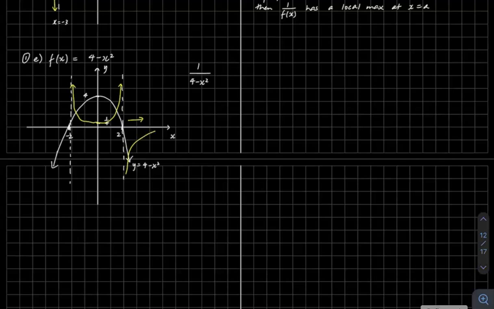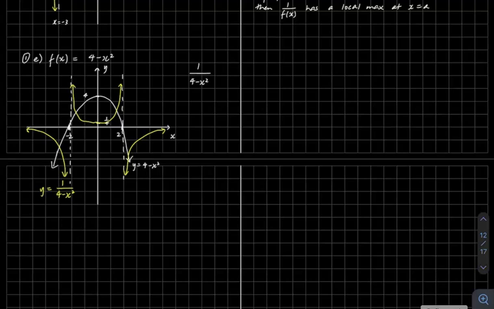And on the other side of the other asymptote, it's going to be like a reflection of that. Alright, so that's going to be our graph of y equals 1 over 4 minus x squared.